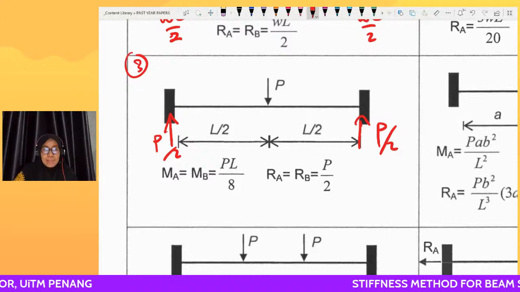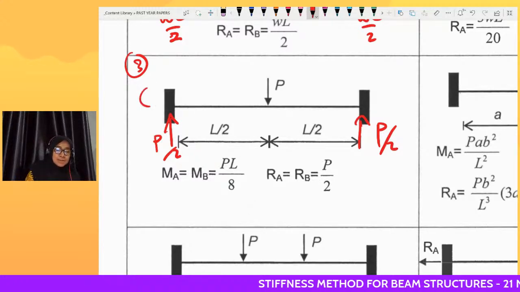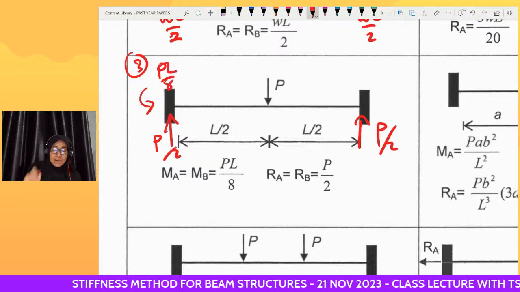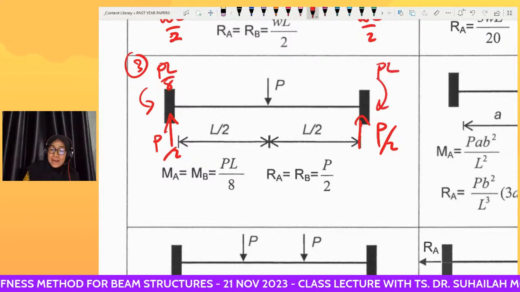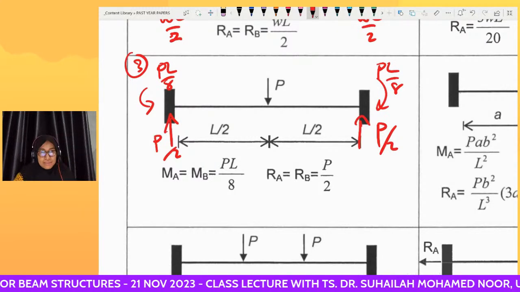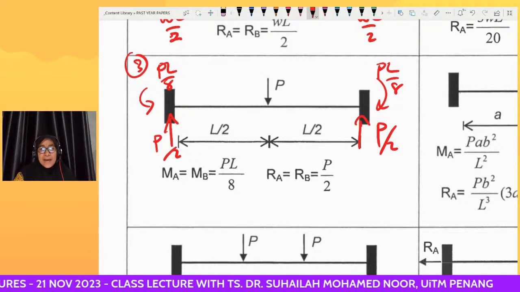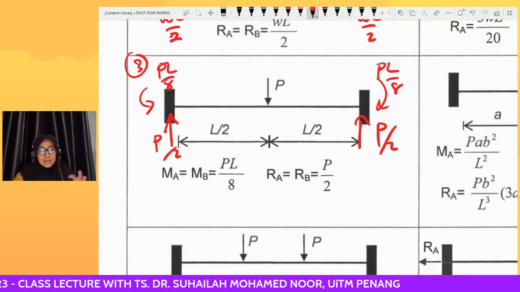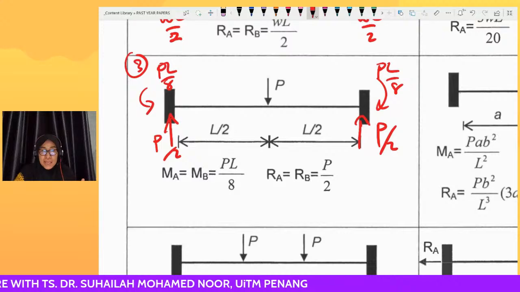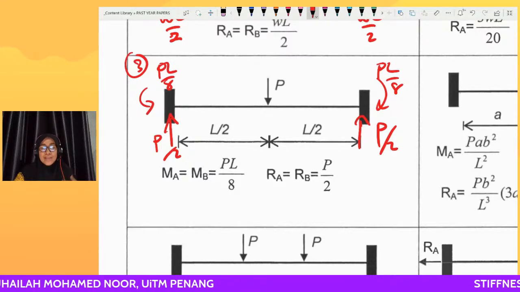The moments at A and at B act in opposite directions: PL over 8 and PL over 8. This is whenever P is subjected at the center.